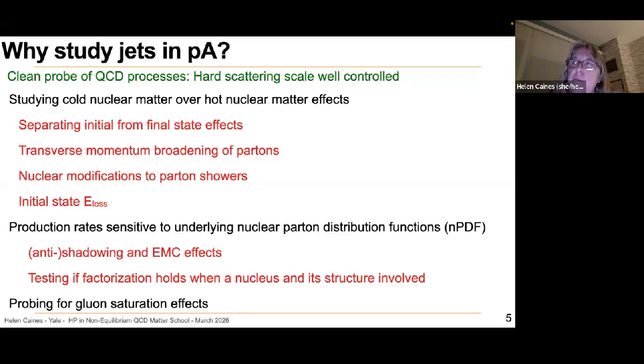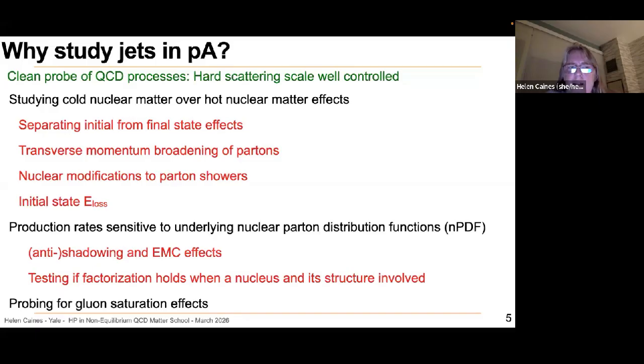So this will help us prove that what we see in AA collisions and are currently attributing to effects of passing through the hot, dense medium that we make, this quark-gluon plasma, is not just due to taking a proton and binding it into a nucleus, binding it into the gold or the lead.